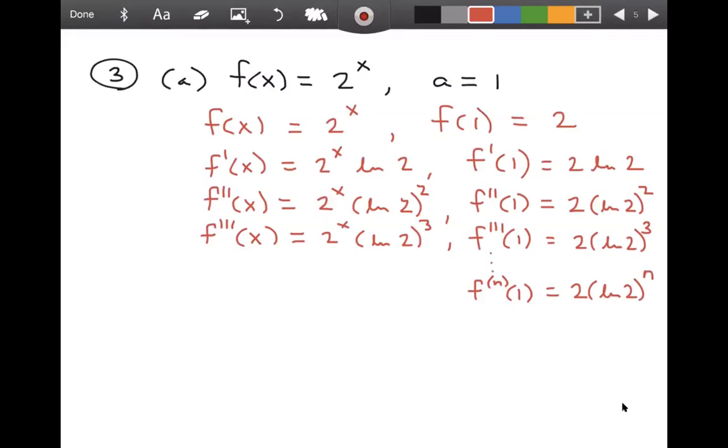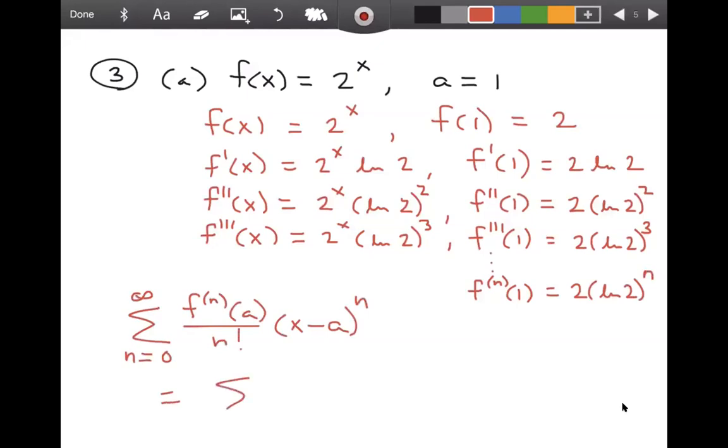Okay, so the formula for the Taylor series is the sum n going from 0 to infinity, nth derivative of f at a over n factorial times x minus a to the n. And in this case, the nth derivative of f at a is 2 times natural log 2 to the n.